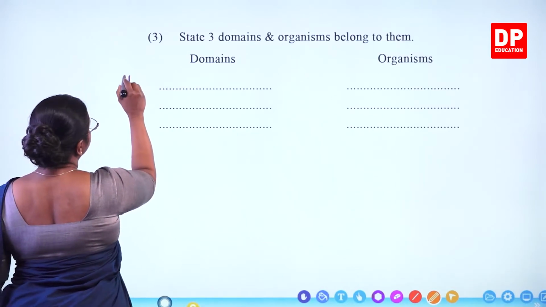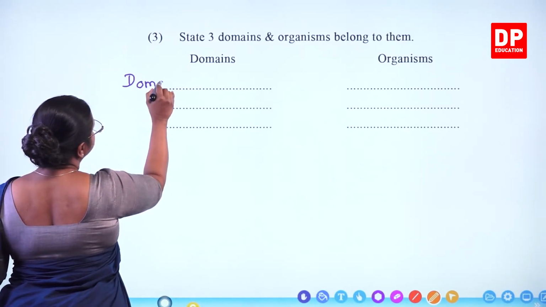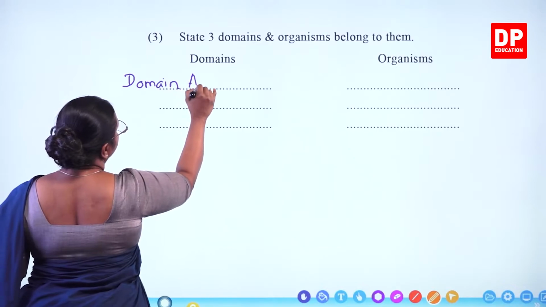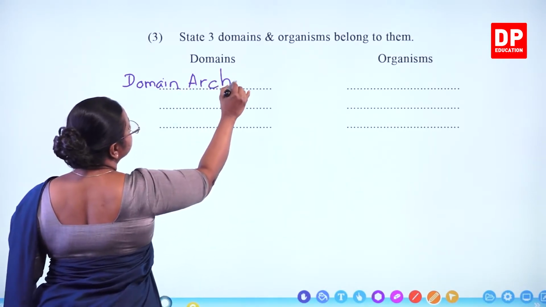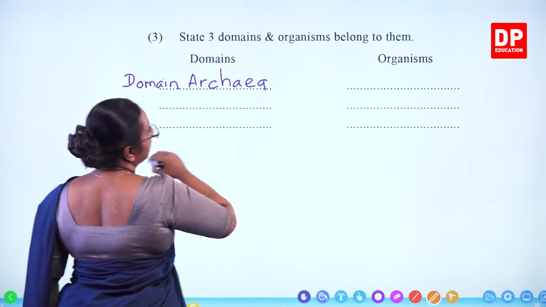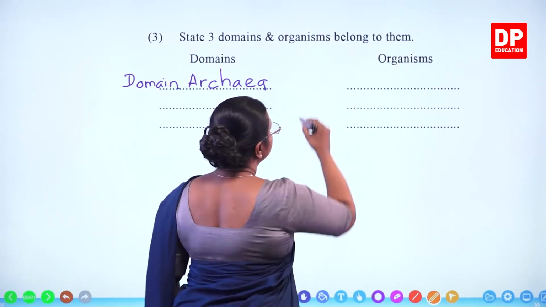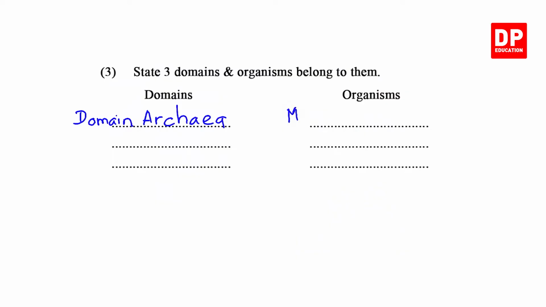So I will write it as domain Archaea. What are the organisms? Those are the methanogens and halophiles.